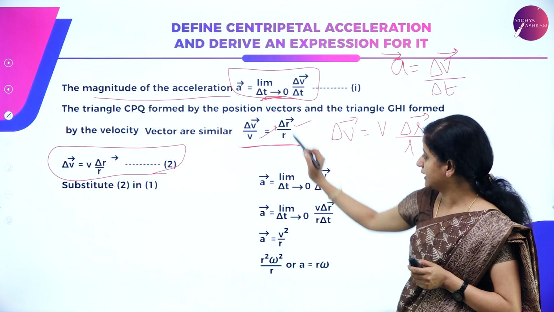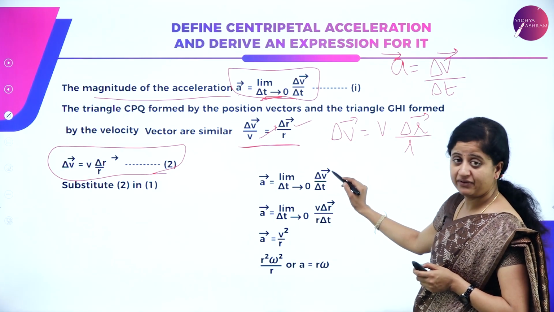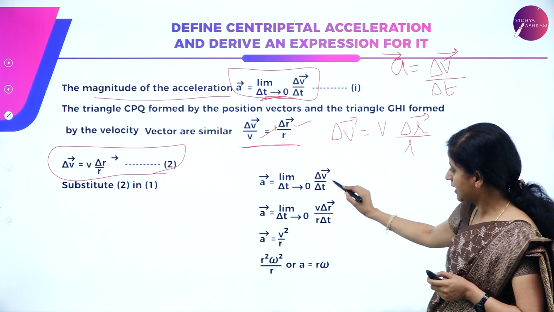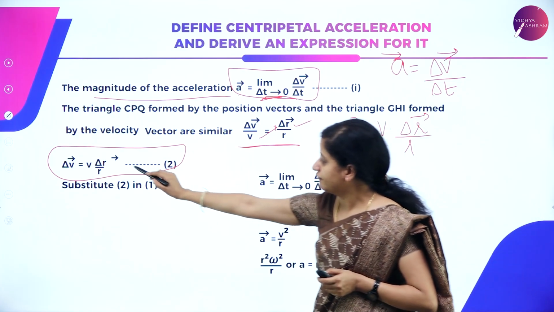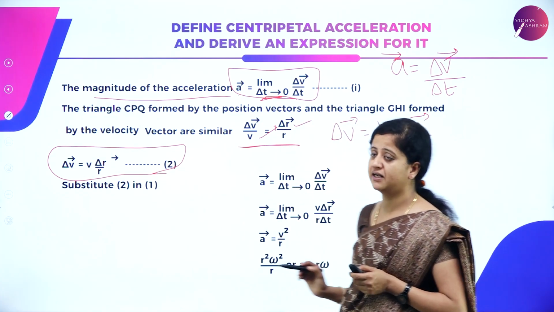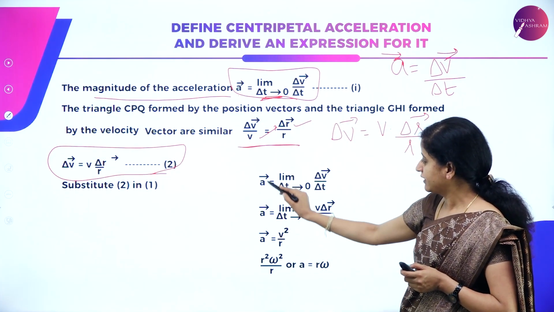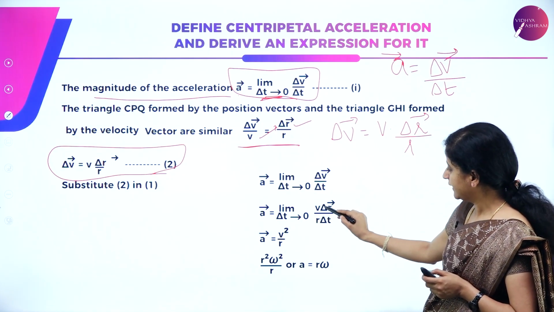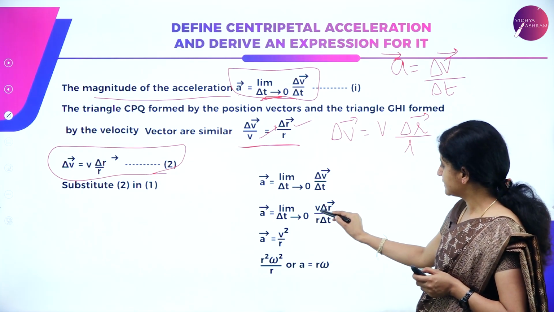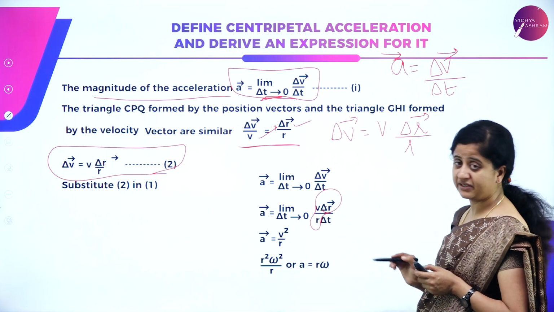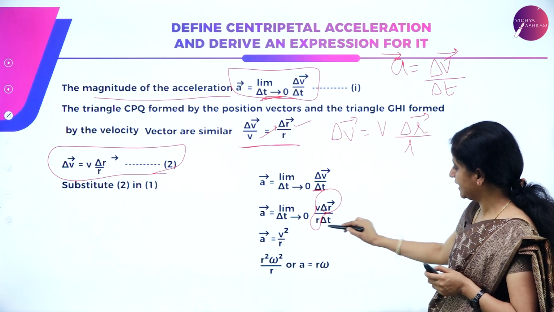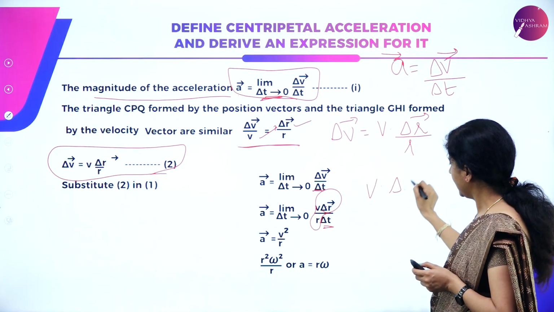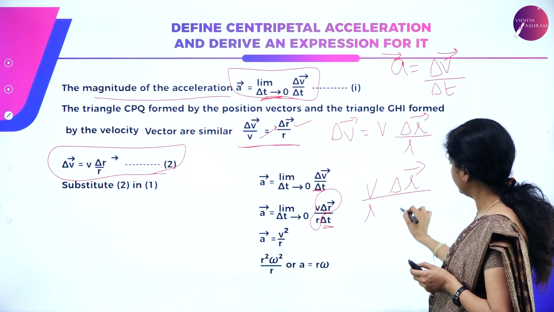Acceleration is equal to limit delta T tends to 0, delta V vector divided by delta T. Now in this equation, we are replacing this delta V by V into delta R divided by R. So let us write now, vector A is equal to limit delta T tends to 0, V into delta R divided by R is our delta V term. And we have delta T here. So now we have V into delta R divided by R into delta T.